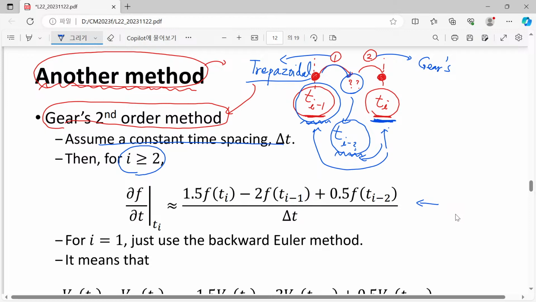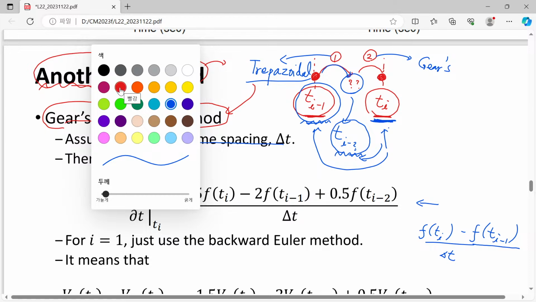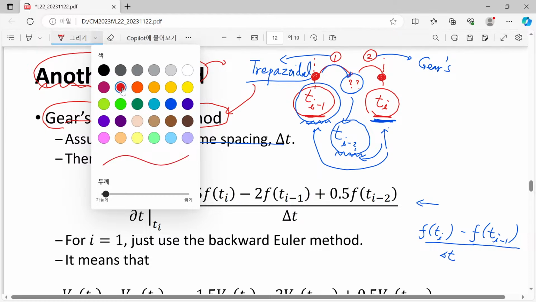This is Gear's second order method and backward Euler. When you consider backward Euler, it was f(t_i) minus f(t_(i-1)). So what is the difference? The difference can be like this.